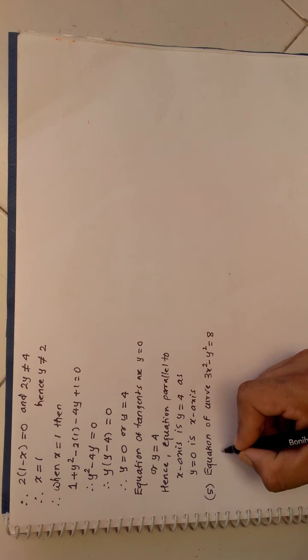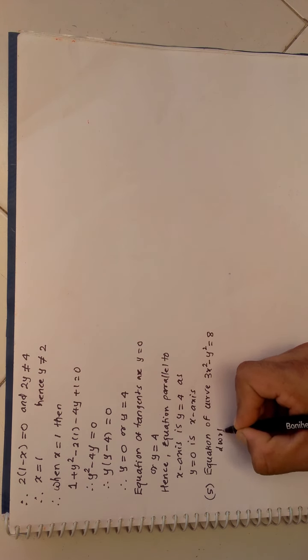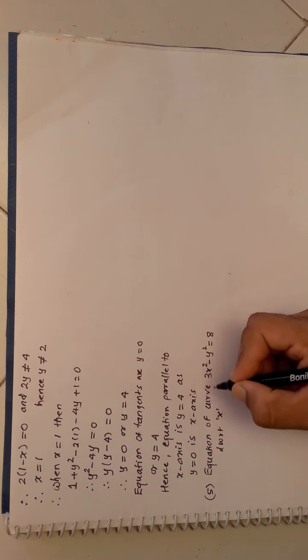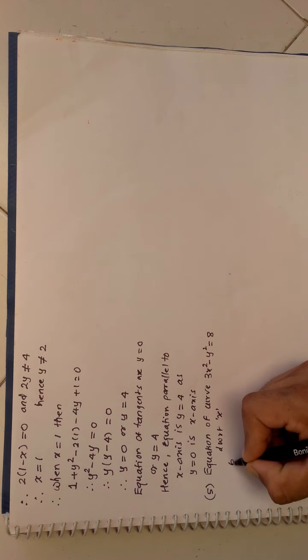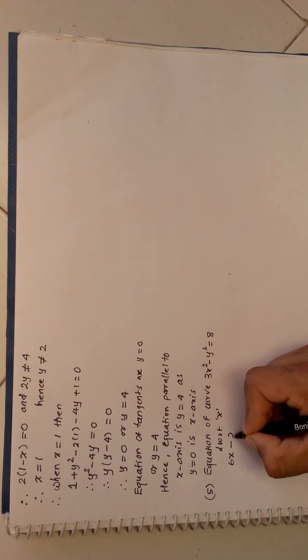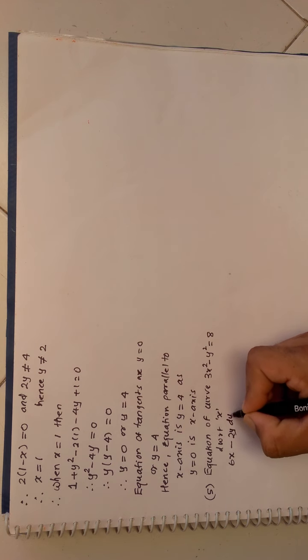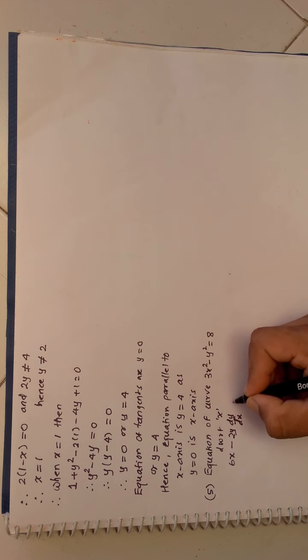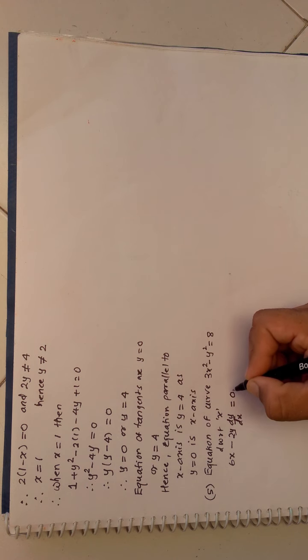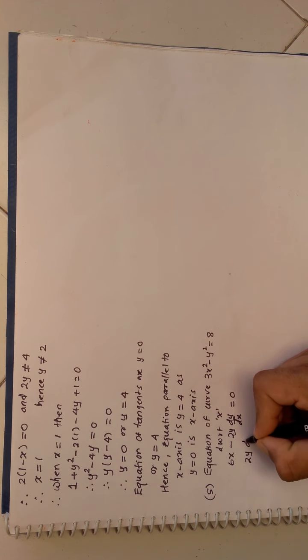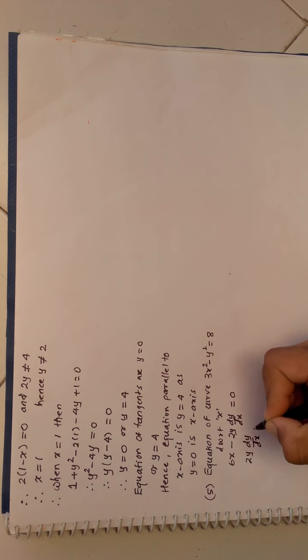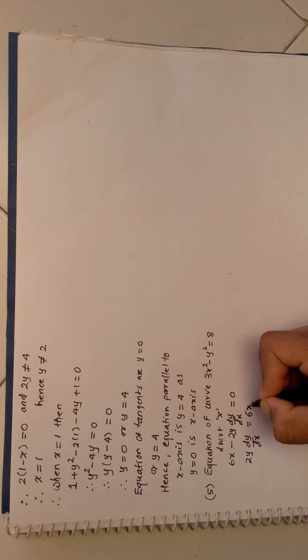Therefore when I differentiate this with respect to x, x square becomes 2x into 3, that is 6x, minus 2y dy by dx, which is equal to 0. So obviously you will get 2y dy by dx is equal to 6x.